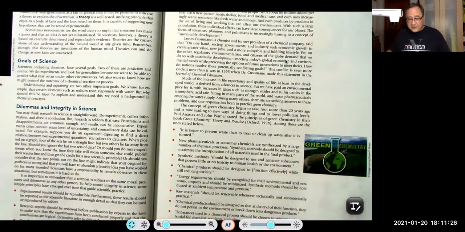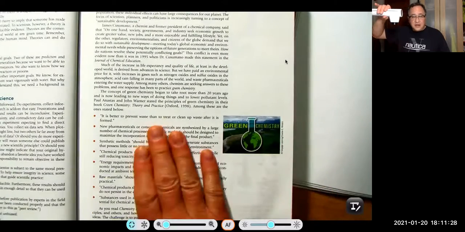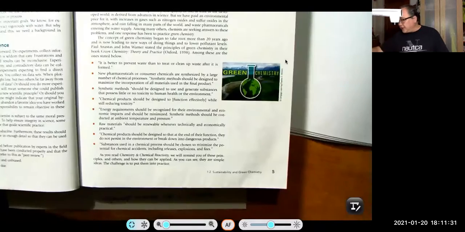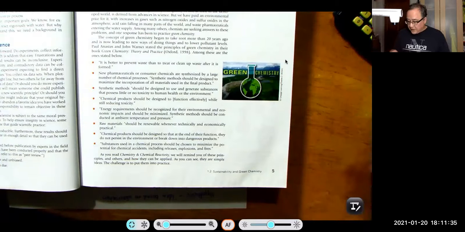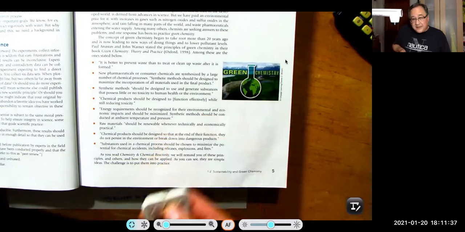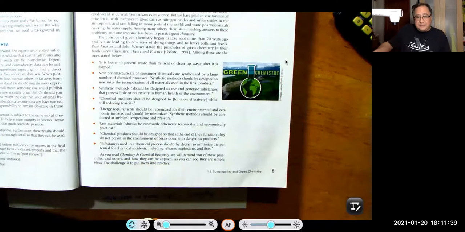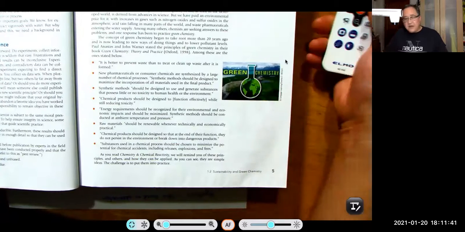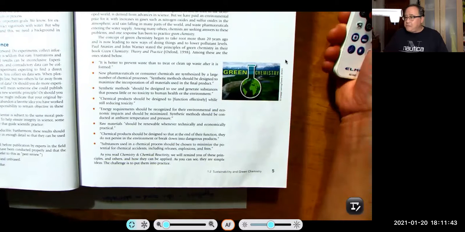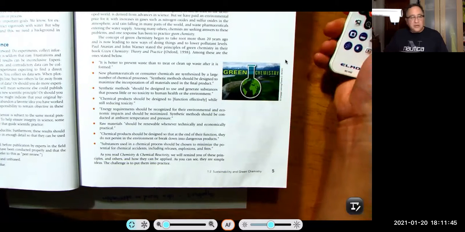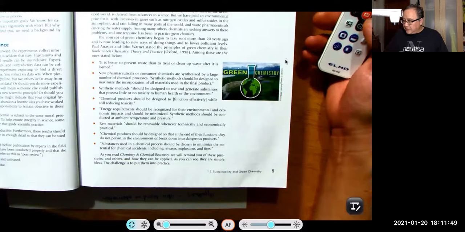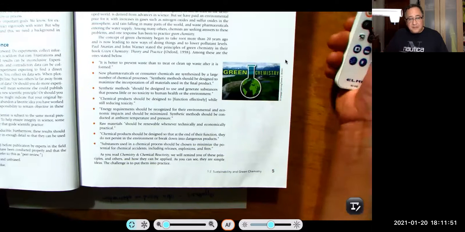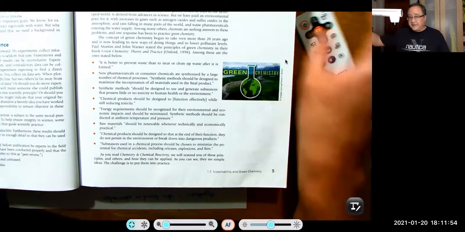So this is green chemistry right here. I'm going to try to zoom in on it so that you can read it better, or you can look at your own book if you have it. But many of you probably have a, what kind of a book? Ebook, which means that you would have difficulty reading this and looking at the screen at the same time.